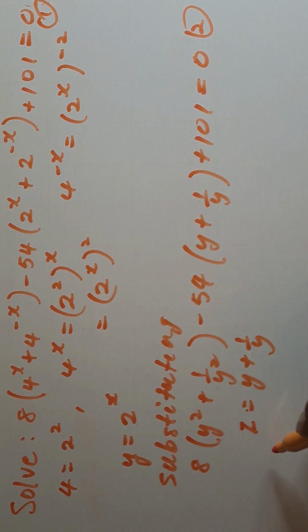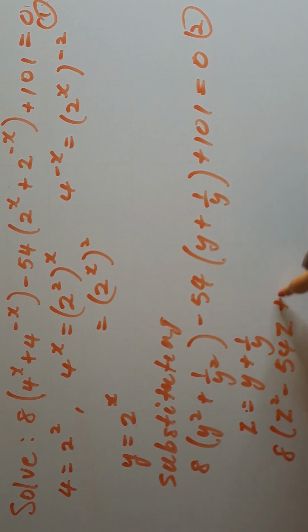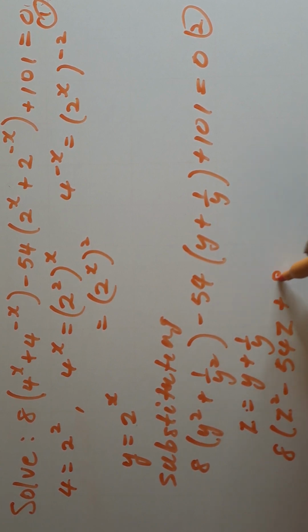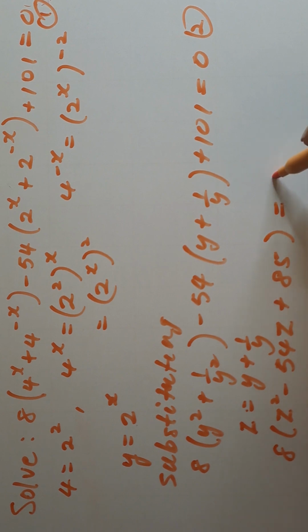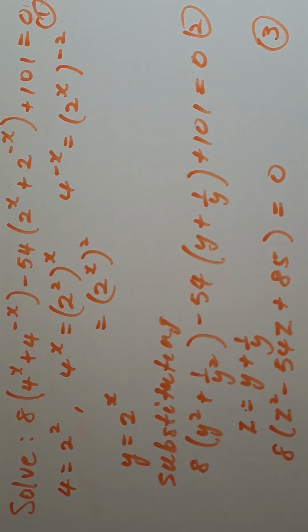So now it becomes 8 z squared minus 54z add 85, and this is equal to 0. And so now we call this equation 3.